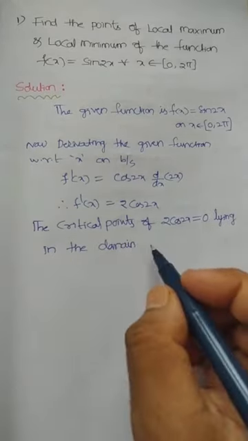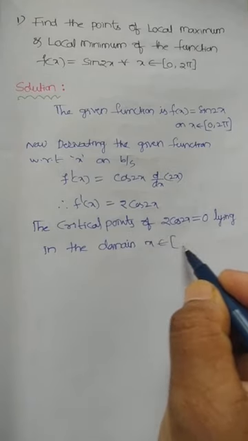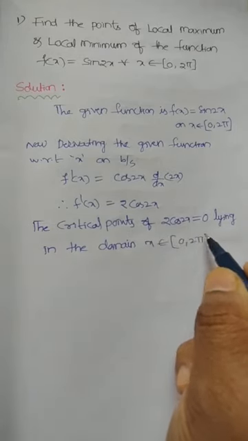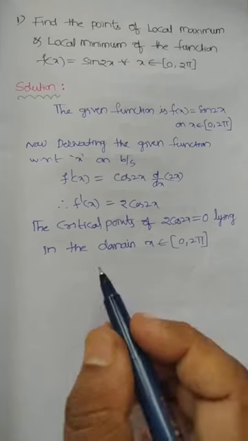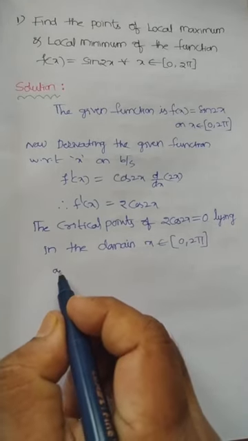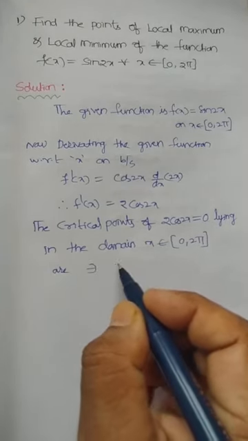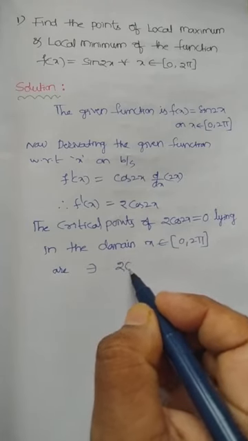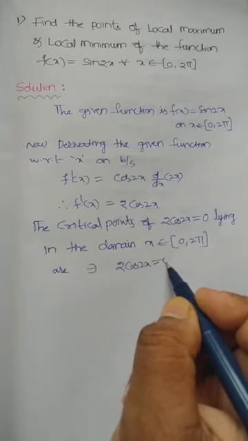What is our domain? x belongs to 0 to 2 pi. We are going to find x such that 2 cos 2x is equal to 0.